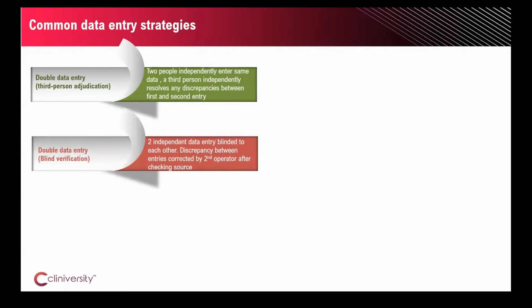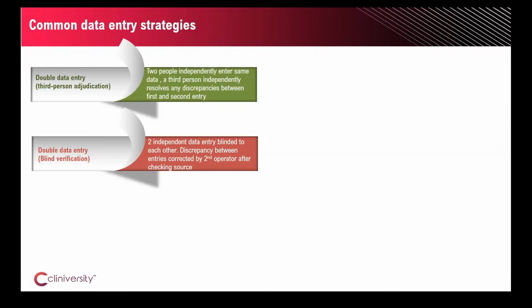In double data entry with a blind verification, again, two people will independently enter the same data and both will remain unaware of what the other person is entering. If the second person enters a value that differs from the first person's, the operator will be warned by the system that there is a discrepancy.